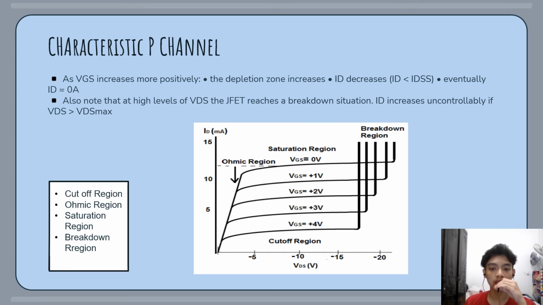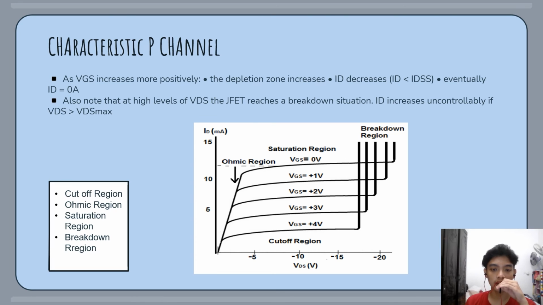This is the only region in the curve where the response is linear. Saturation region is the region where the JFET transistor is fully operational and maximum current is flowing. During this region, the JFET is on and active.